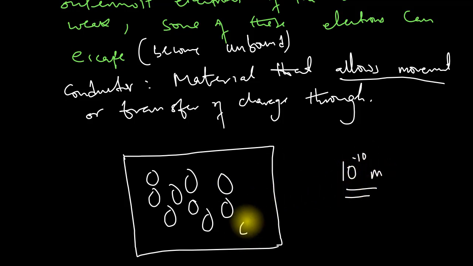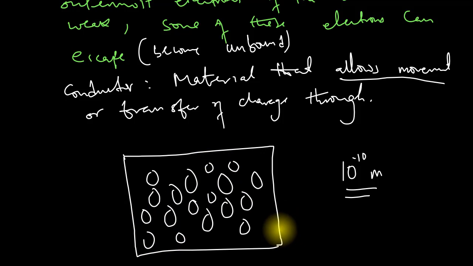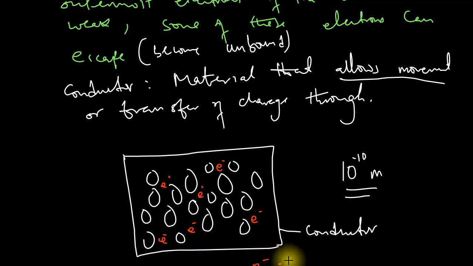This is a very small distance between the atoms, closely packed. But inside this conducting material, there are some electrons that are free and not bound to the atoms. These are the atoms. So some electrons are not bound to the atoms, so they are free to move.